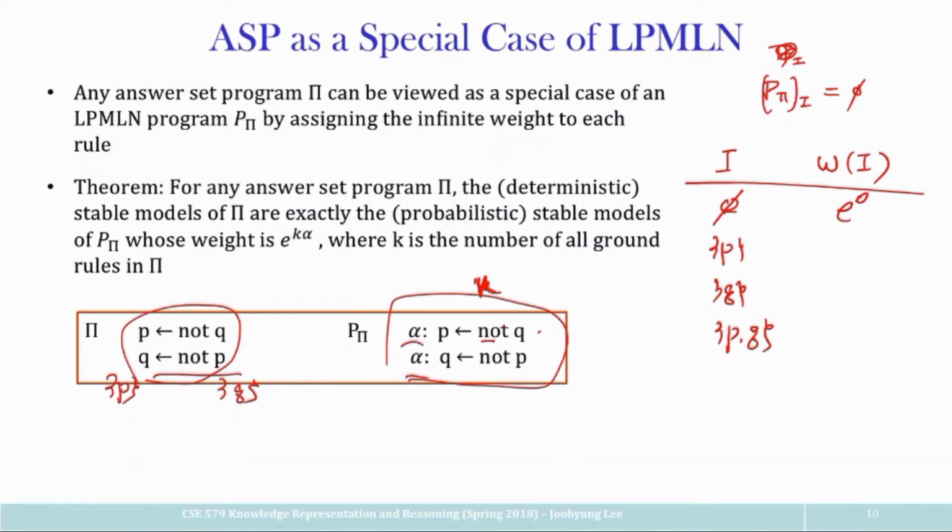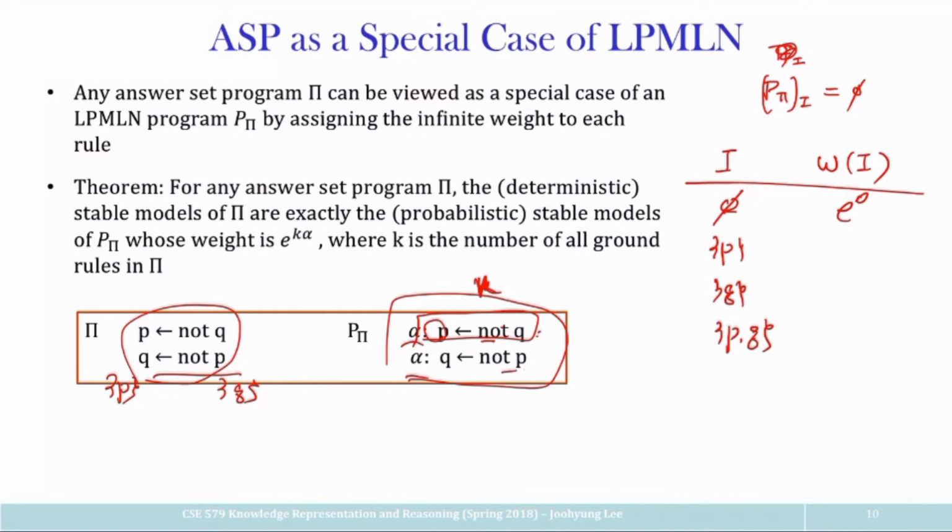So what is the subset here? Subset of the program that is true under P. The first rule is true. And the second one? So this one says P is true and Q is false. Then this is actually true because P is in the head, so obviously this is true.